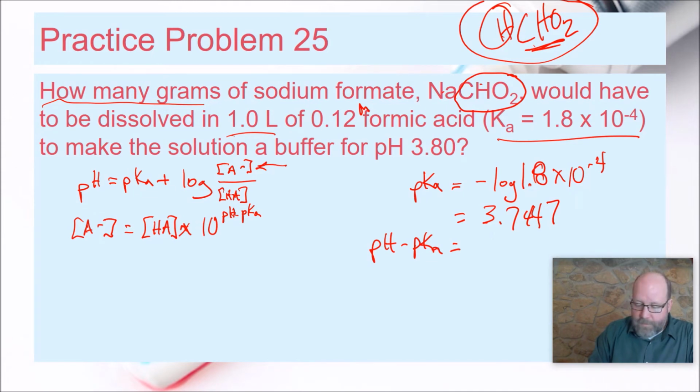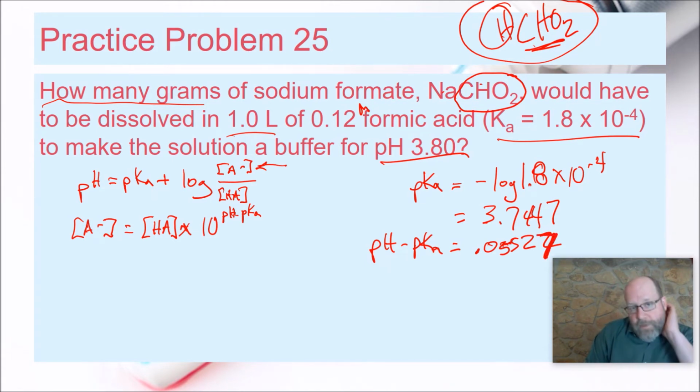So pH minus pKa is, where's our pH? Our pH is 3.8. So 3.8 minus 3.744 equals 0.05527 roughly. That'll give us plenty of figures. So there we go.